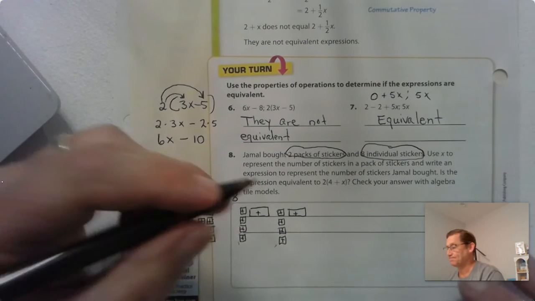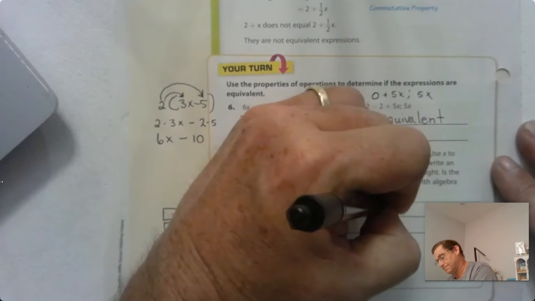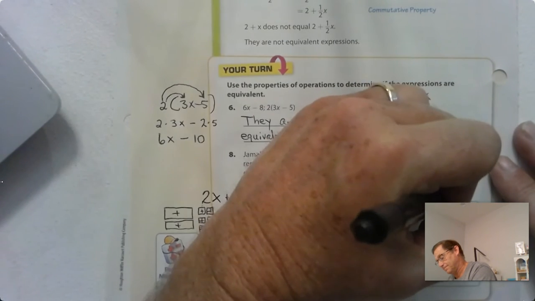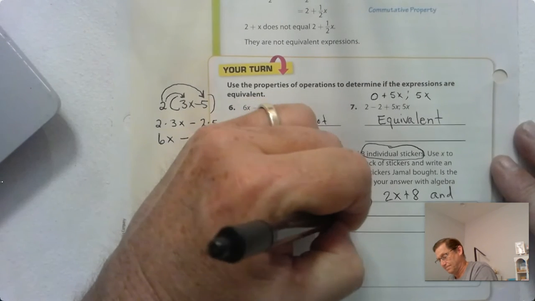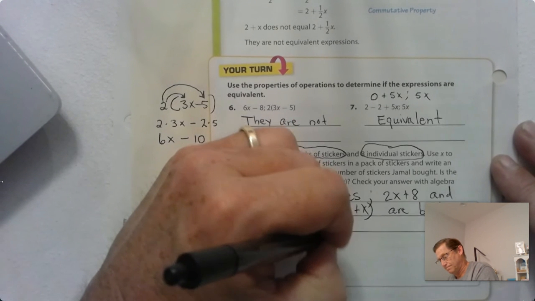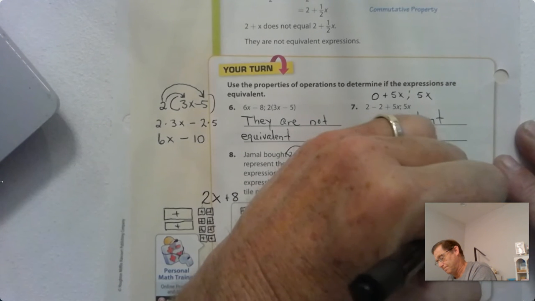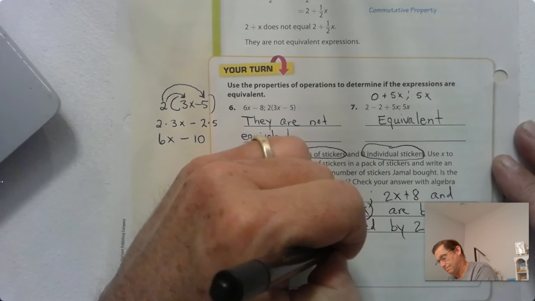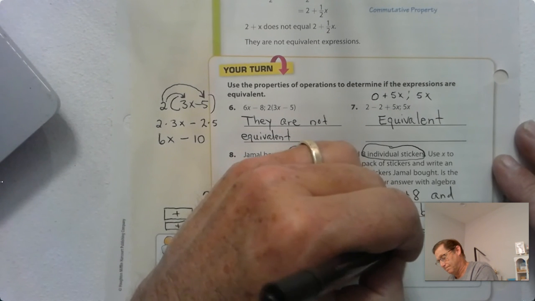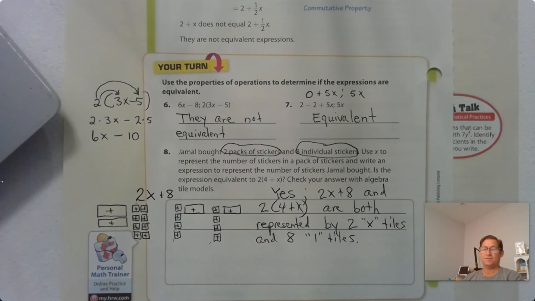Yes, they're equivalent. Okay. So yes, because 2x plus 8 and 2 times the sum of 4 and x are both represented by 2 x tiles and 8 one tiles.